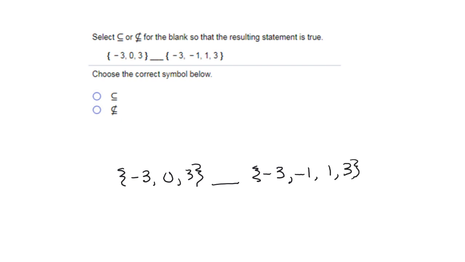So we can identify quite easily that negative 3 from the first set is contained in the second set, and the 3 from the first set is also contained in the second set. However, we are missing the 0 from the first set, which does not exist in the second set. So therefore, we're going to say that the first set is not a subset of the second set.